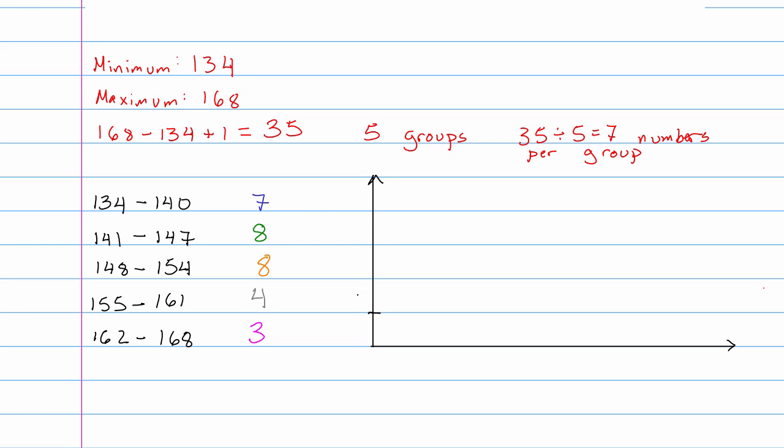On my vertical axis, I'm going to count the frequency, and I'm going to count by 2s just for the sake of space. And on the horizontal axis, I'm going to say height in centimeters, and I'm going to label the left ends of my groups.